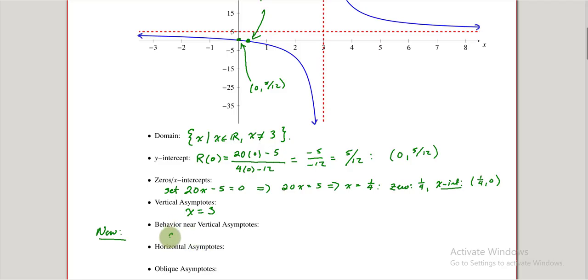Here I want to say that as x approaches 3 from the right. This notation is new: x approaches a from the right is read as x approaches a coming from the right.